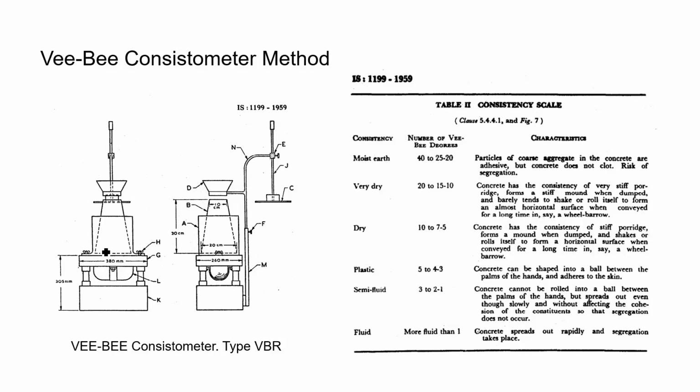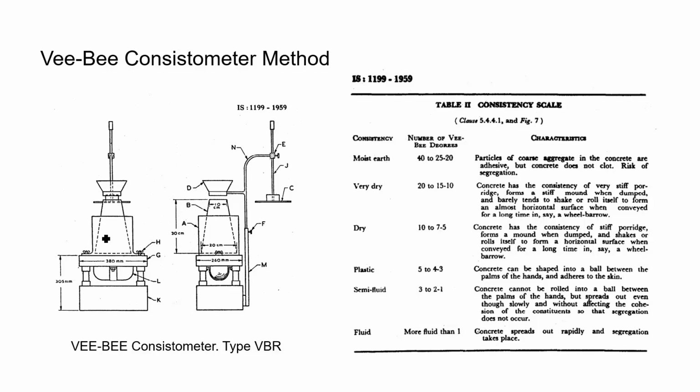Now, the vibrating mechanism is started, and the concrete, which is initially in the shape of the cone, gets the shape of the cylinder due to vibration given to this table.